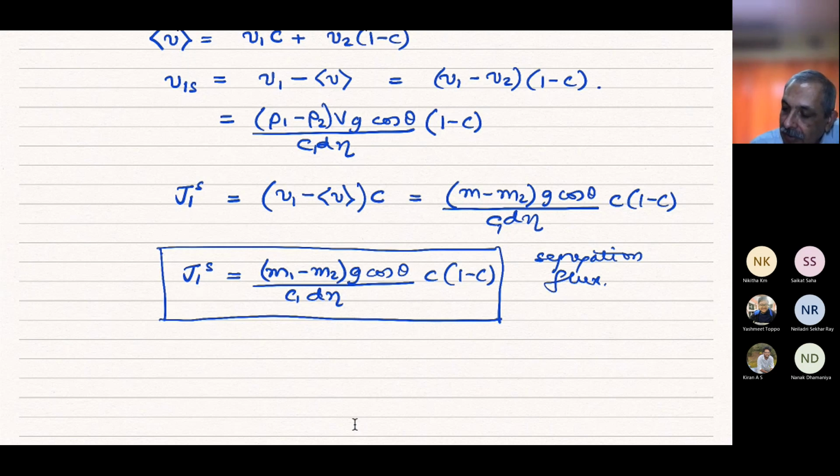And this is the segregation flux, and this is valid for all C. Of course, so many assumptions were made. But in the next class, I'm going to try and show you that, in fact, this type of expression works quite well. I'll show you both numerical simulations as well as experimental results which validate this result.